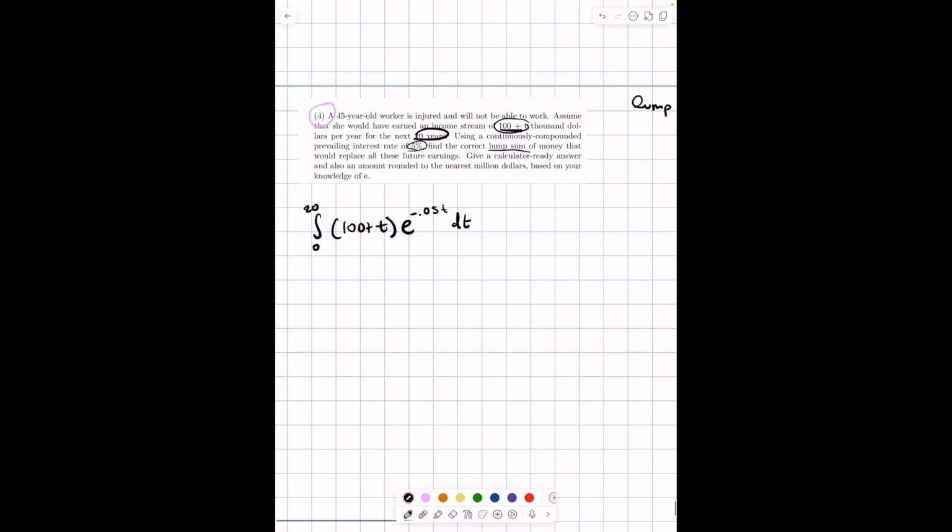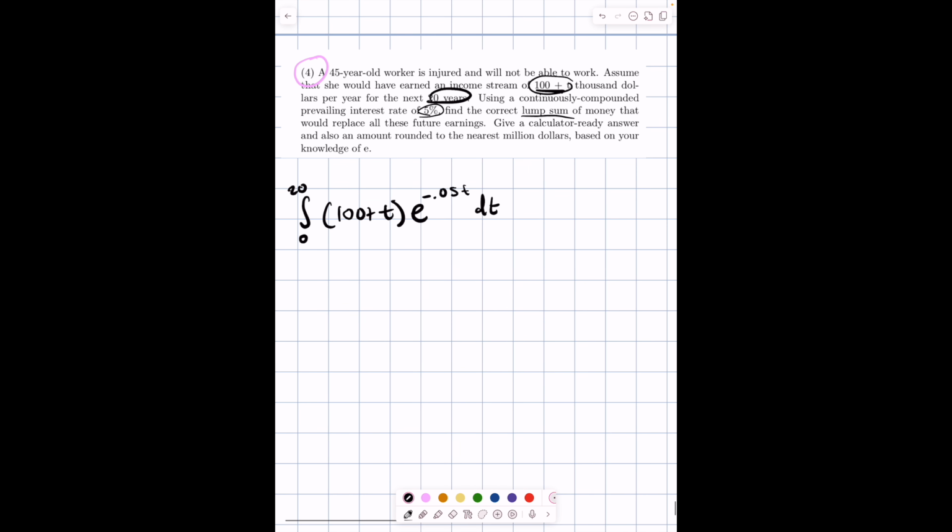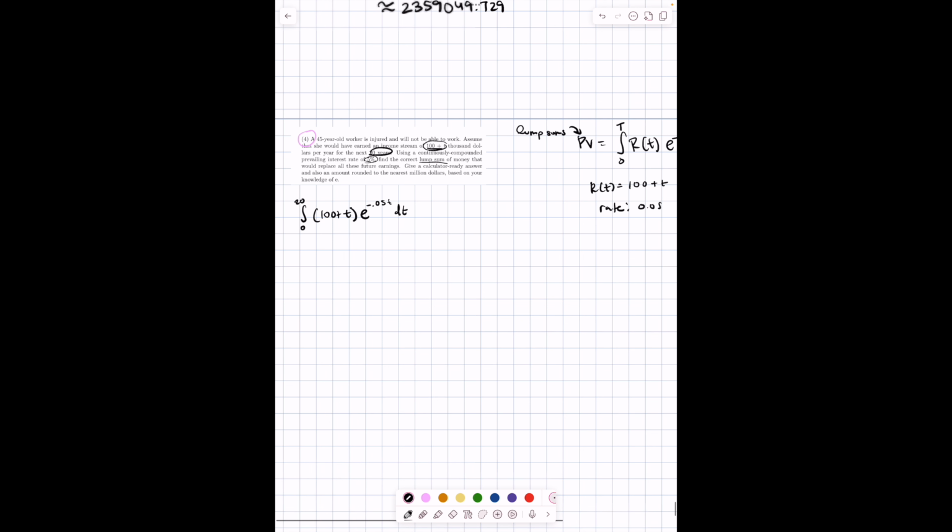So we want to start off by doing the integration by parts.